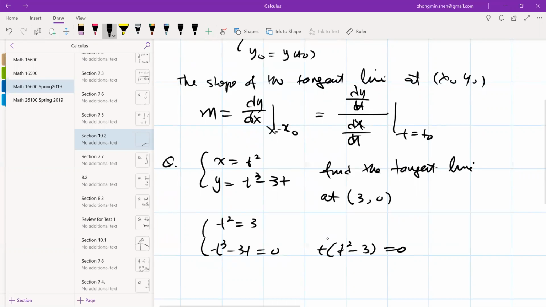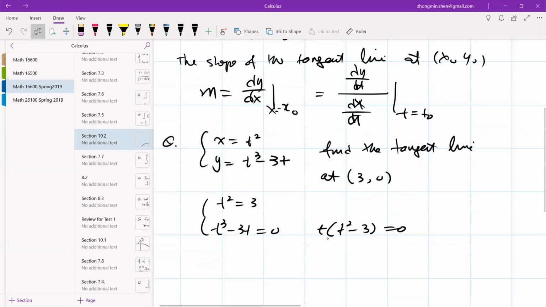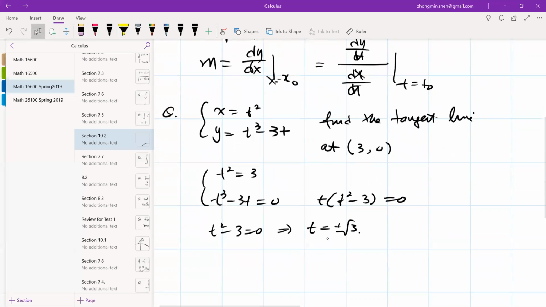The second equation is t times (t squared minus 3) equals 0. So t equals 0 cannot work, from the first equation. But clearly t squared equals 3 is going to be the solution. So that implies t equals plus or minus square root of 3. So you get 2 values. What does that mean?